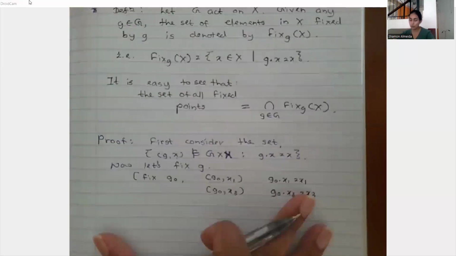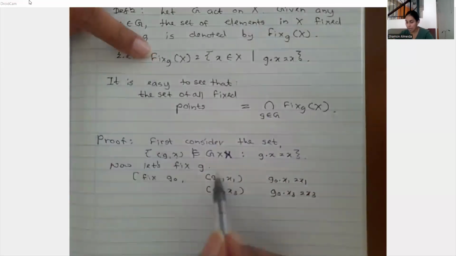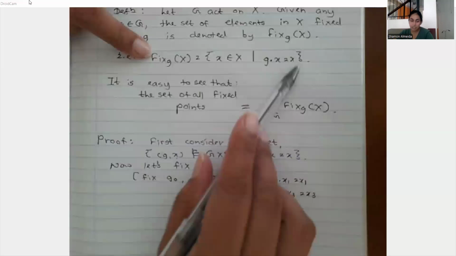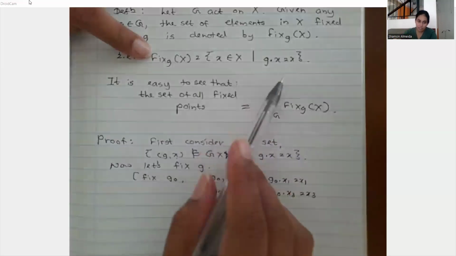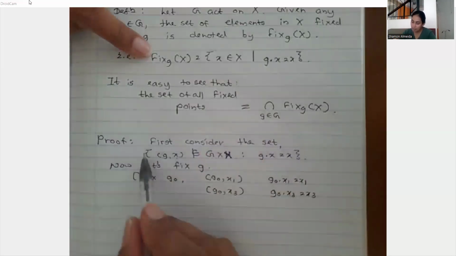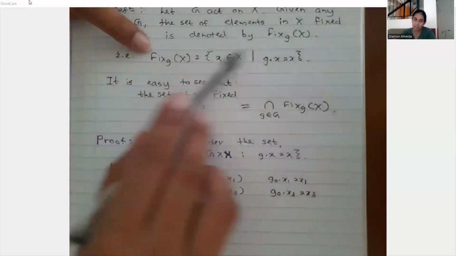So if you go to this definition, when we pick pairs, when you fix g₀ in this set, that means we are picking pairs (g, x), where x is fixed by this particular g. So we understand once you fix g in this set, the number of elements that you get over here is the same as the number of elements that you get from this set.